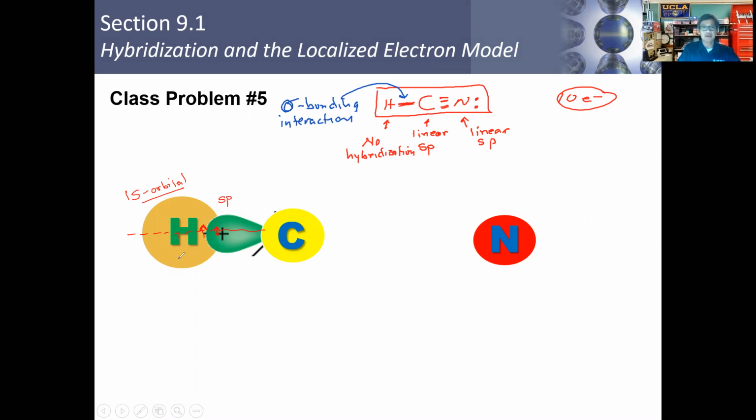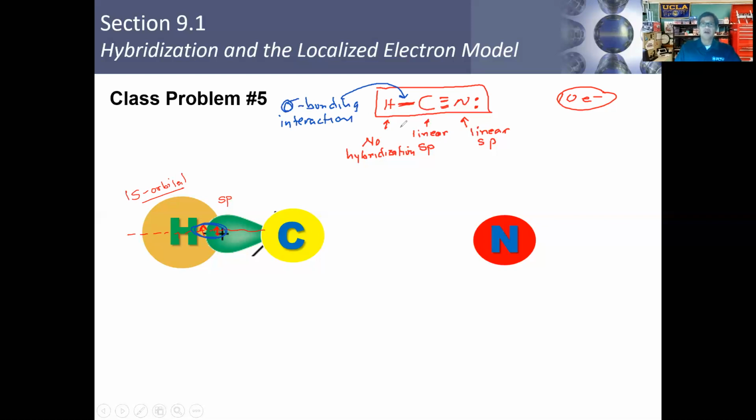Because you have a line that you can draw straight through here, and the overlap for the single bond between hydrogen and carbon is between an sp hybrid orbital from carbon and a 1s atomic orbital from hydrogen. It is going to be a sharing of the 2 electrons, which means that it's going to be a single bond, and therefore this single bond is going to be a sigma single bond between carbon and hydrogen.